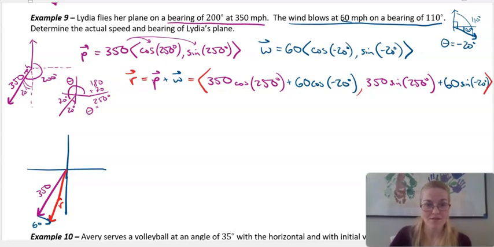Grab your calculator and punch those numbers in, and what do we get? So if we punch those in, we should be getting approximately, this sums to negative 63.325, comma. Ooh, so what quadrant am I in?